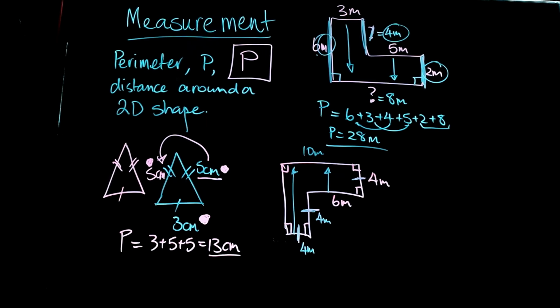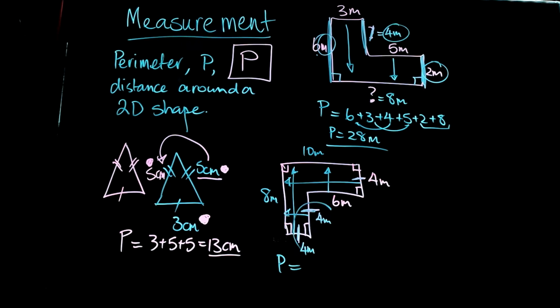And then finally, if I move these sides over here, well, I can see that's 8 meters. And now I can go and work out the perimeter of my shape. And what I'm going to do here is something slightly different.